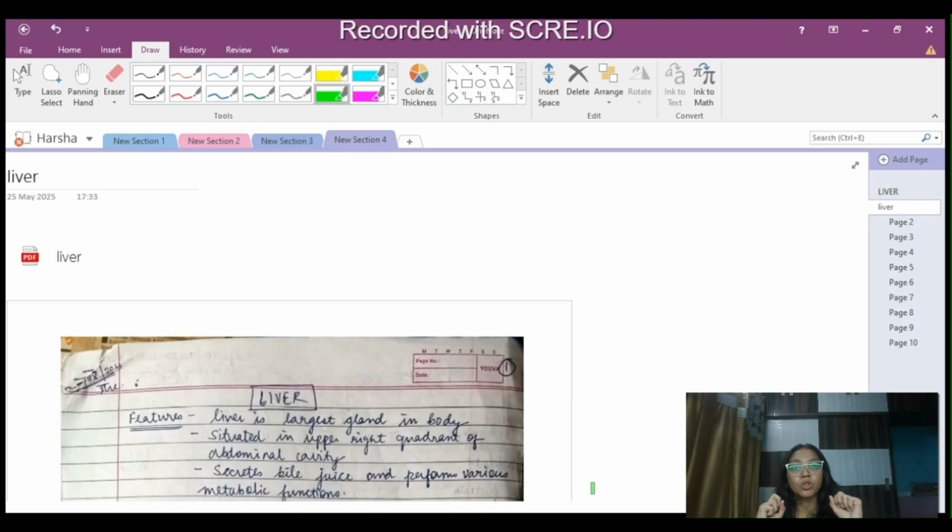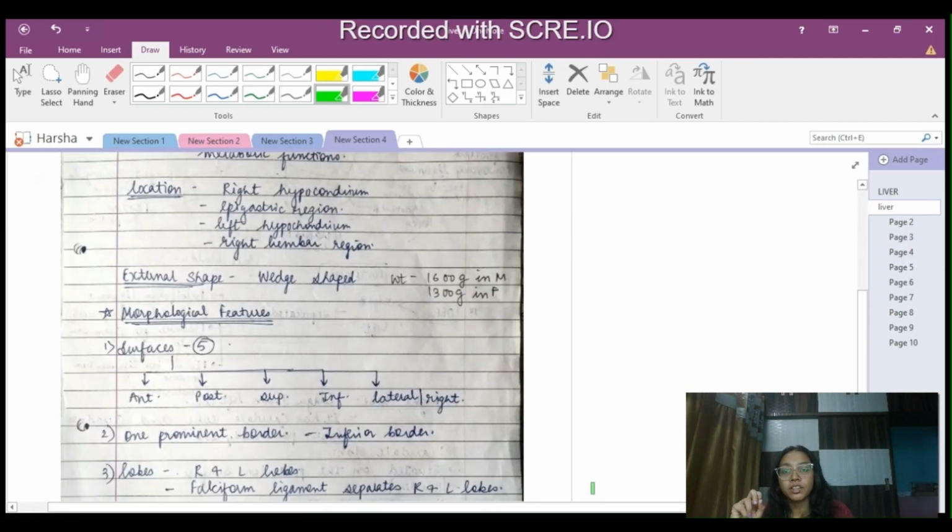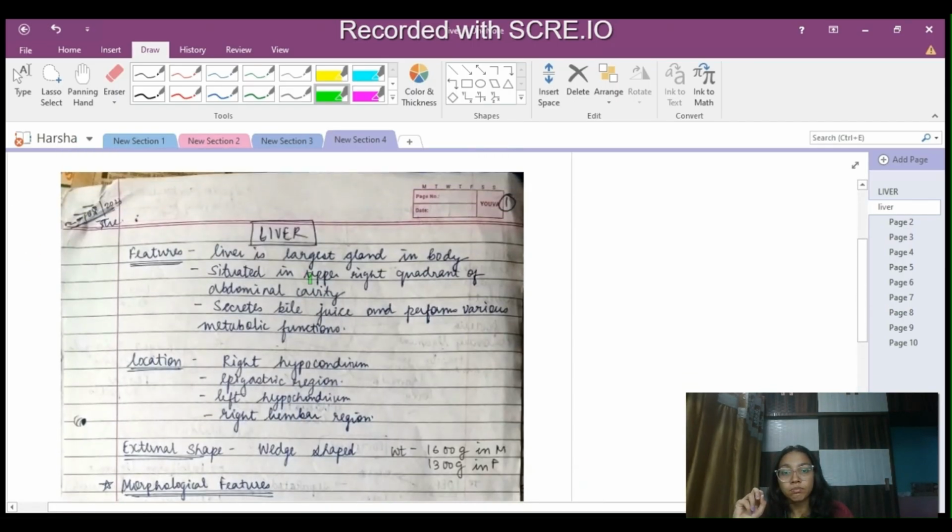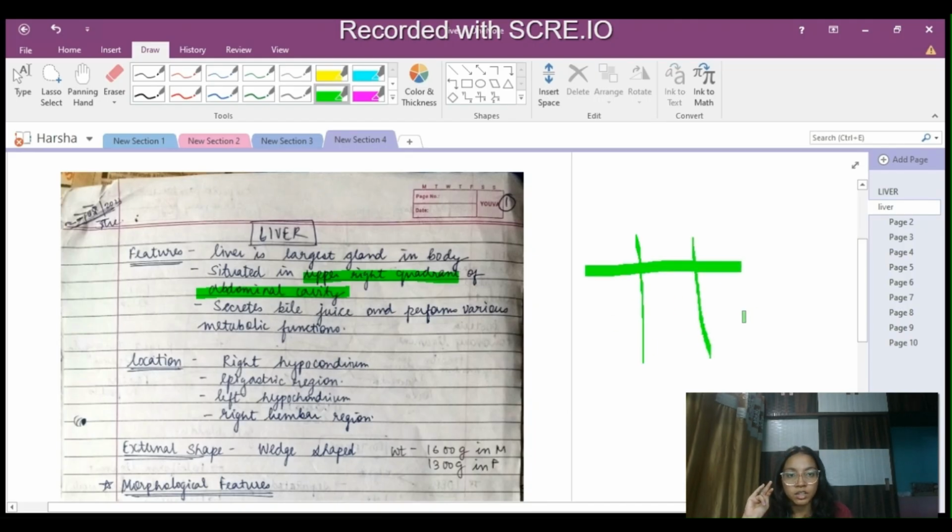Liver. As you have already learned earlier, the liver is the largest gland in the body and it is situated in the upper right quadrant of the abdominal cavity. The nine abdominal quadrants we have earlier covered under the peritoneal cavity and abdominal cavity.